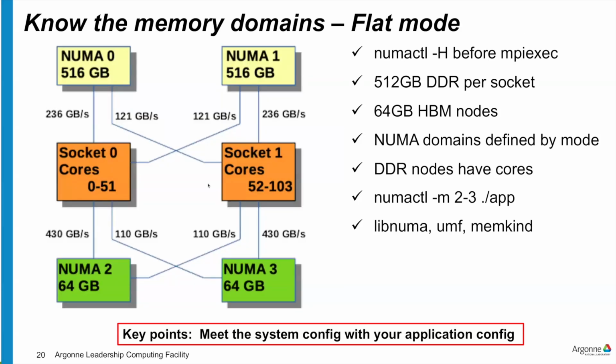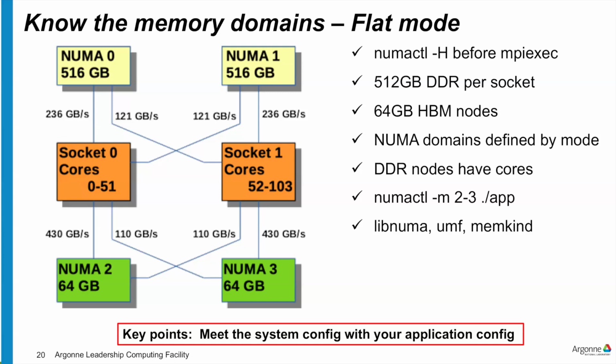This is about the same as what I just mentioned. The memory domains to the sockets are connected through a different bandwidth. Obviously, the regular DDR memory is slower than the HBM memory domains, about a factor of 2 in our machine.